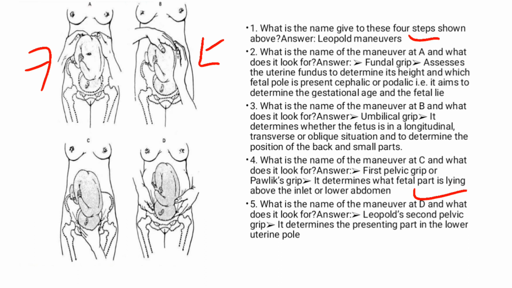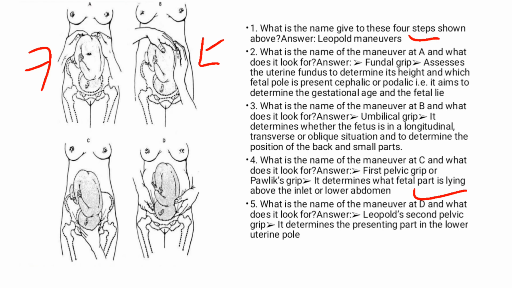Then in brackets, maybe that's where you put the Pawlik grip. So the second pelvic grip determines the presenting part in the lower uterine pole. In the first pelvic grip, other people can even tell you it can determine the engagement.